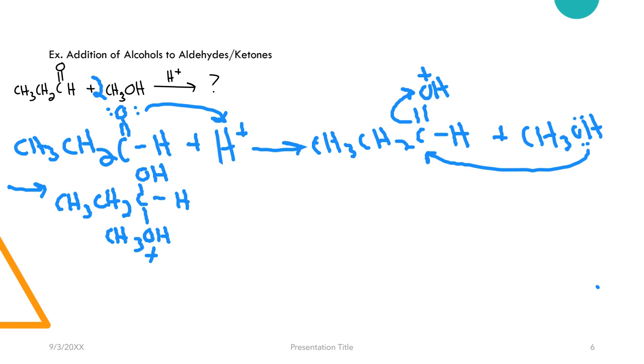So from here, I could deprotonate that, but it doesn't like to do that because that OH group likes to be protonated. So instead, we'll have intermolecular hydrogen transfer, where the hydrogen from the alcohol will transfer to the OH group at the top.